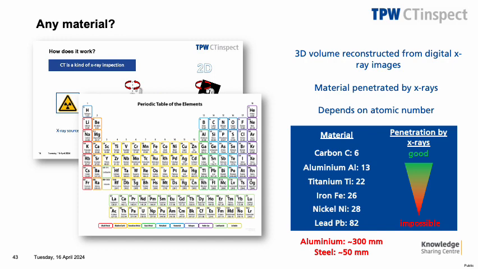That is a huge impact, and it makes a big difference for the outcome of a CT scan from which material a part is made. With our equipment, for aluminum, we can CT scan parts with wall thicknesses up to approximately 300 mm, while for steel we are limited to only about 50 mm.